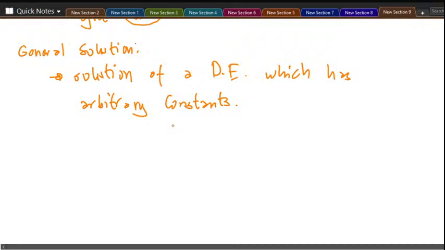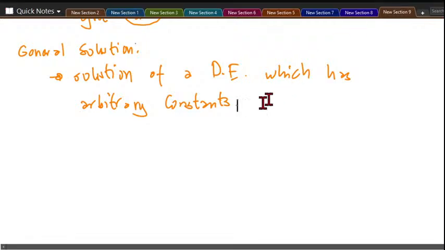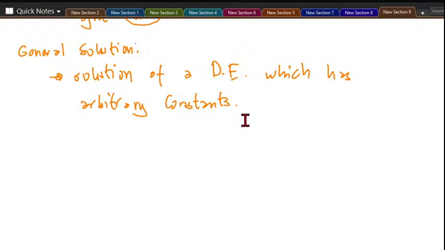The solution of a differential equation could first be a general solution.